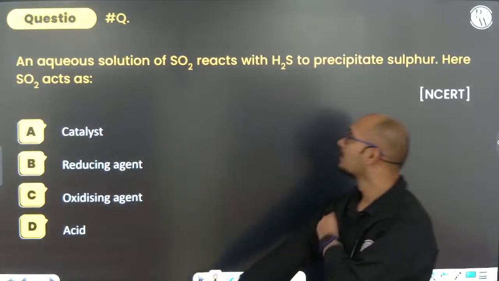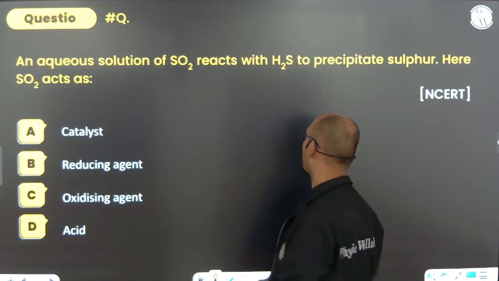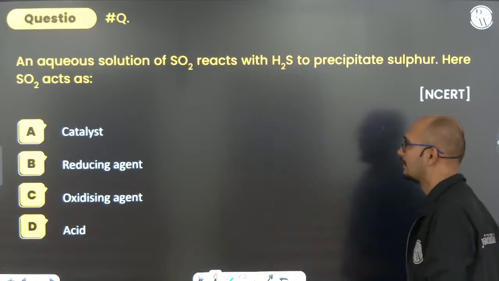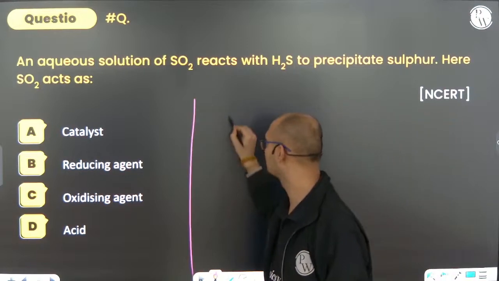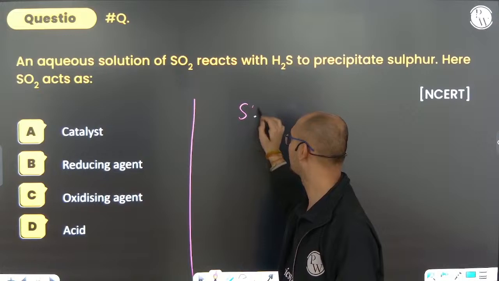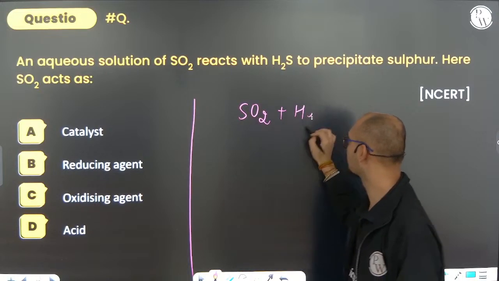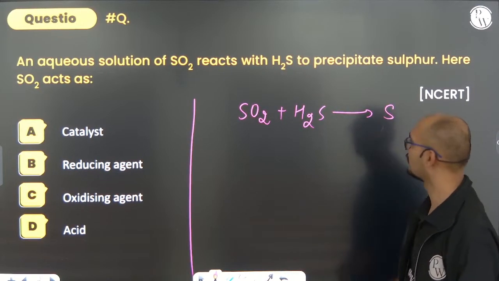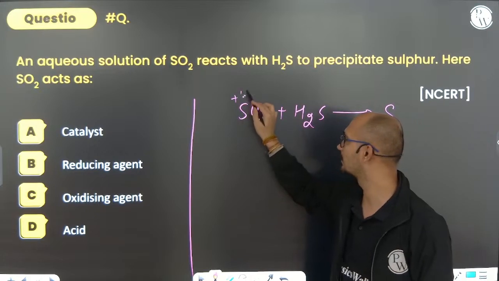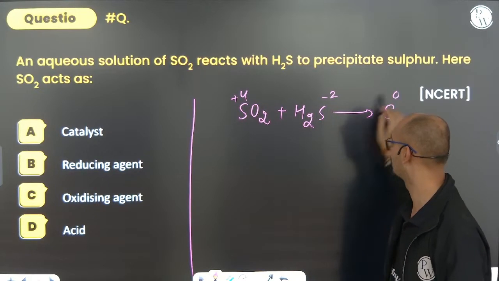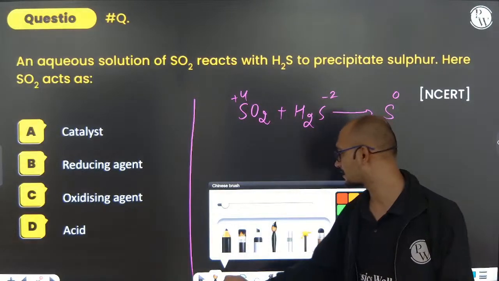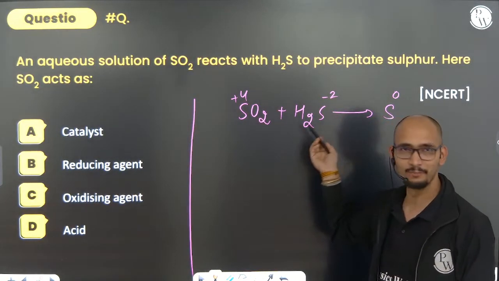Next, an aqueous solution of sulfur dioxide reacts with H2S to precipitate sulfur. Here SO2 acts as what? What is the reaction? SO2, sulfur dioxide, when reacts with H2S converts into sulfur. What we can say here? Sulfur is +4. Here sulfur is -2, converting into 0. What kind of reaction is it? Can you see that? It is the comproportionation reaction.